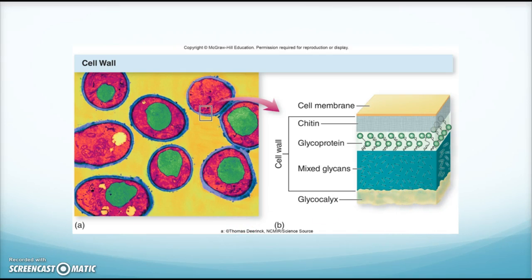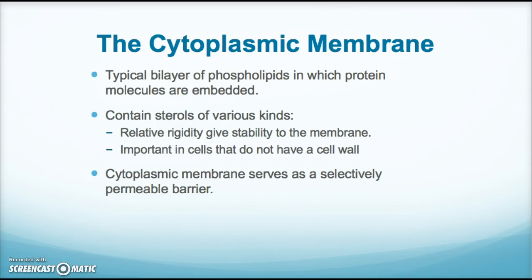Okay? And then as we move inwards, we're going to start seeing some of the organelles, or parts of a eukaryotic cell, that all eukaryotic cells have. And obviously the cytoplasmic membrane, because it is always found in any cell, would be found in the eukaryotic cell. It's just like the phospholipid bilayer that we looked at in the prokaryotic cell.